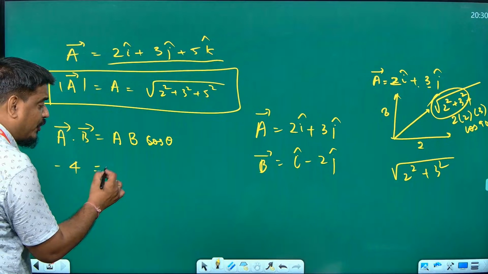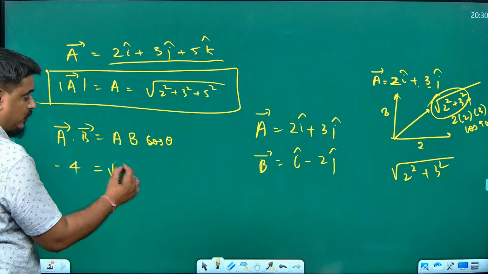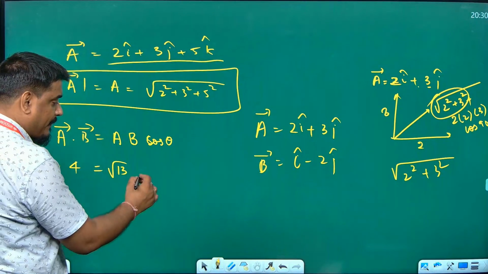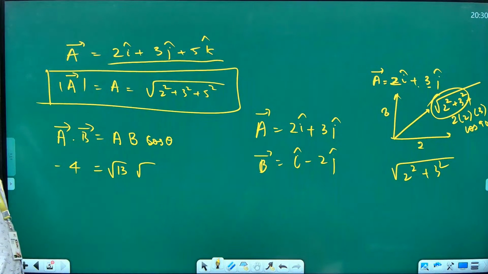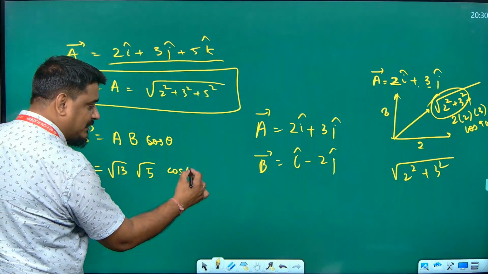What is the magnitude of A, by this logic? Root 13. Yes, good. How did it come? Root of 4 plus 9. What is the magnitude of B? Root 1 plus 4, root 5 it will be, no? Into cos theta.